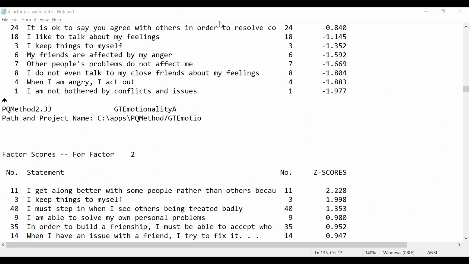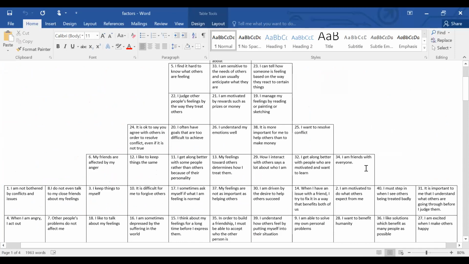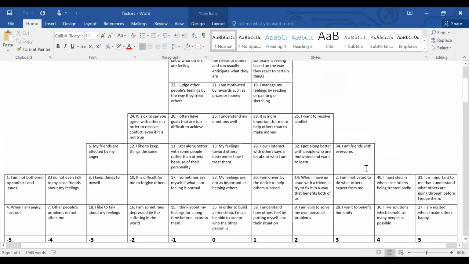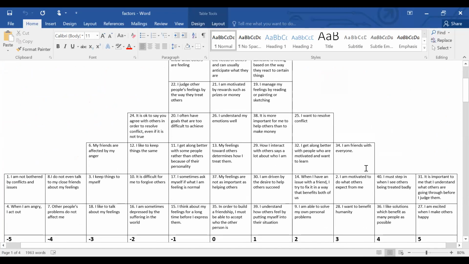From the scores that come from the printout, I arrange the statements onto the form board so that I can see it. This is how I do it, because I really like this visualization where you can see how closely related different statements are. And then, as I said earlier, I analyze closely and look for similarities and themes within the statements from the far right and the far left.